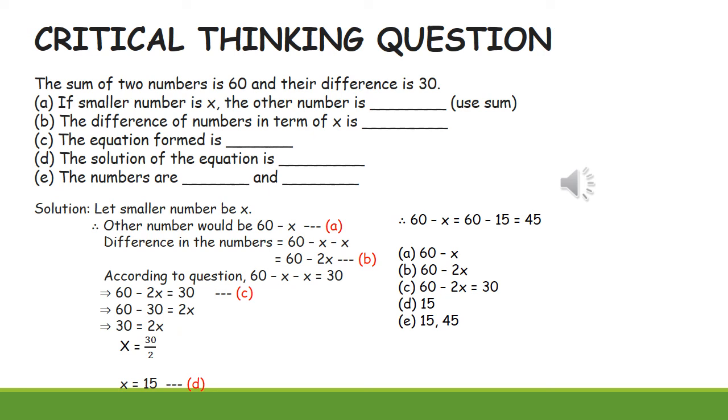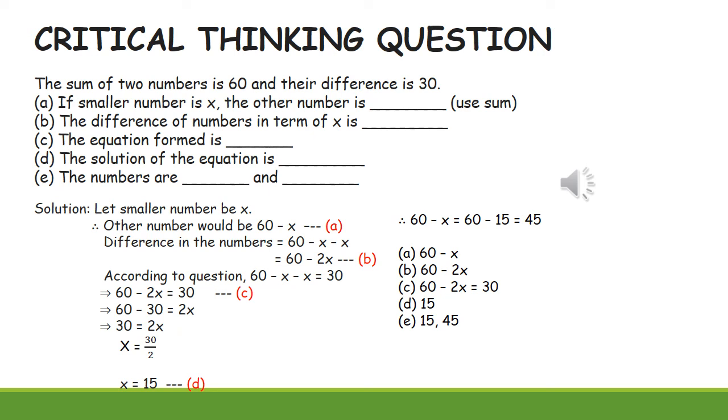The second part is asking the difference of the two numbers in terms of x. The smaller number is x, so the larger number is 60 minus x. So we are subtracting the smaller number from the larger one. 60 minus x minus x will be the difference. So if we simplify, we are getting 60 minus 2x.